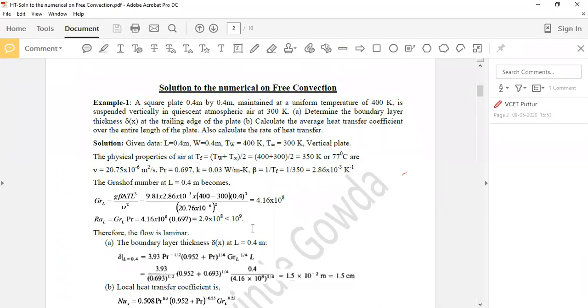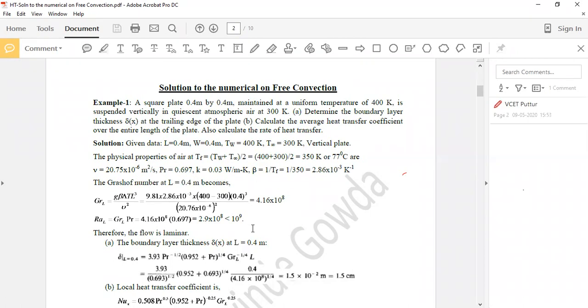And if the Rayleigh's number is less than 10 to the power of 9, the flow is considered to be laminar, and hence you have to use laminar conditions correlations. If a Rayleigh's number is greater than 10 to the power of 9, then the flow in the boundary layer is considered to be turbulent.